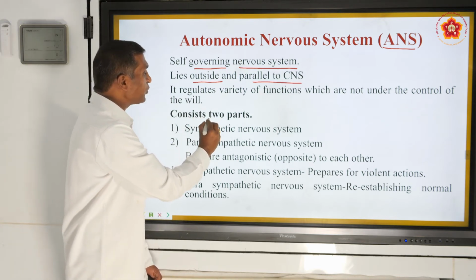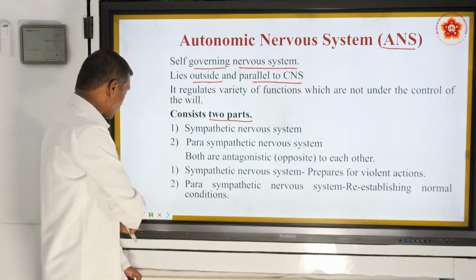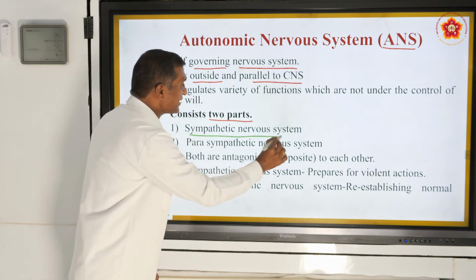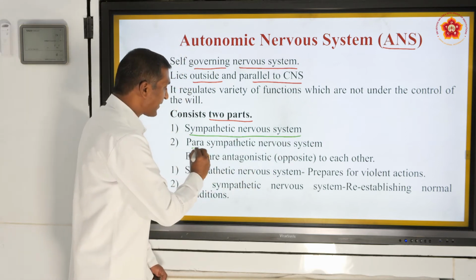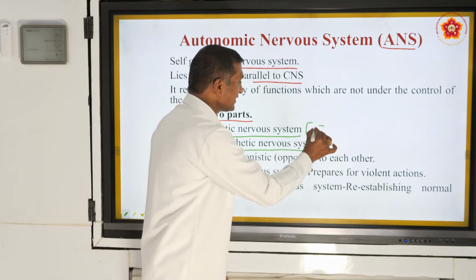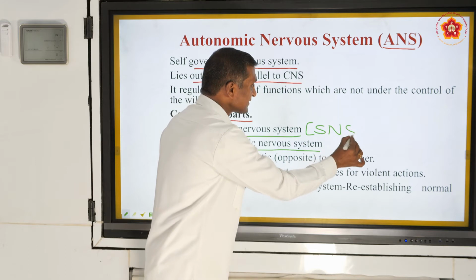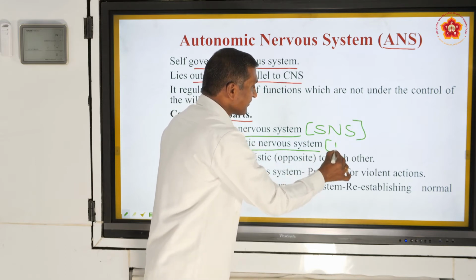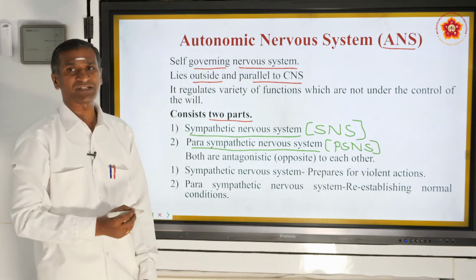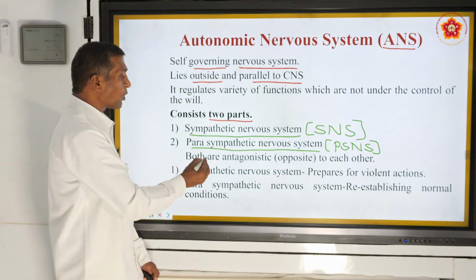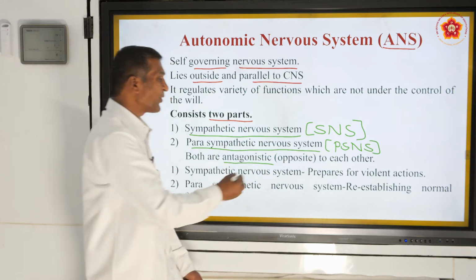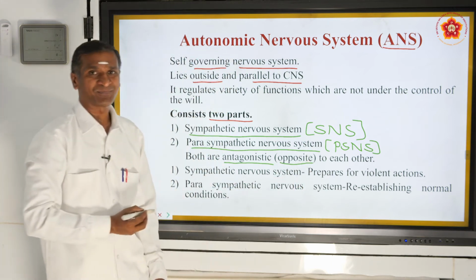It consists of 2 parts, the sympathetic nervous system and the parasympathetic nervous system, where in short we can tell SNS, sympathetic nervous system, PSNS, parasympathetic nervous system. Both are antagonistic, means what? Opposite to each other.